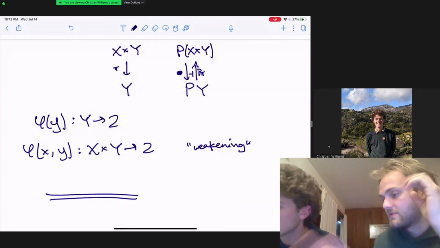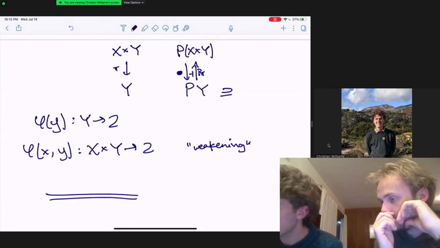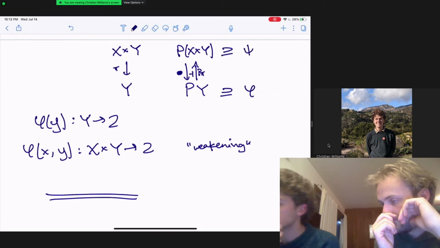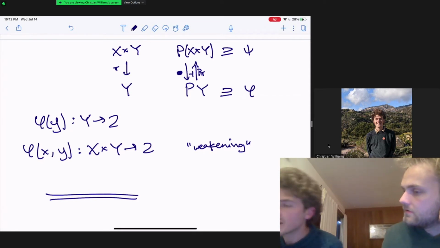So let's start by making up some predicate names. Let's call this phi, and let's call this psi. Do you mean element of? Yeah, sorry. Thanks.